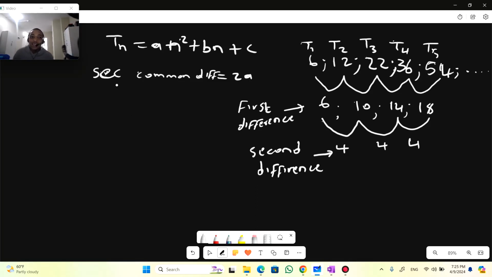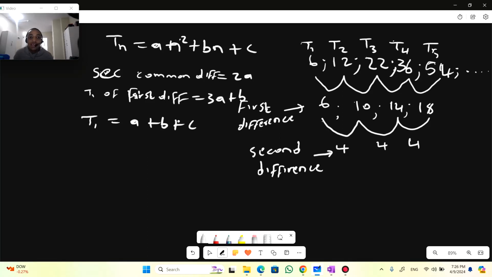And your first term of the first difference is equal to 3A plus B. And then your T1 of your sequence is equal to A plus B plus C.